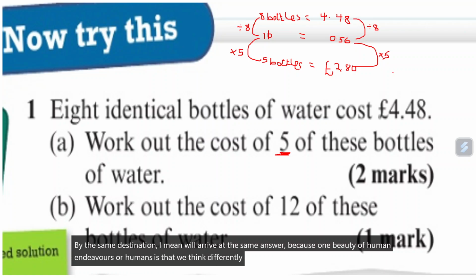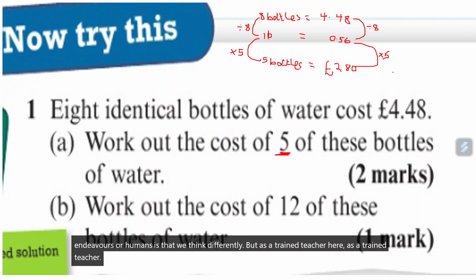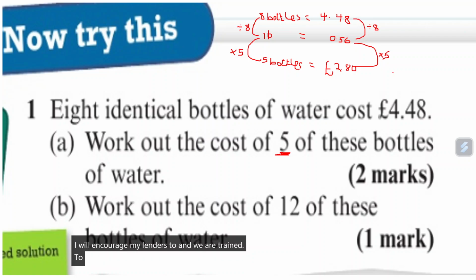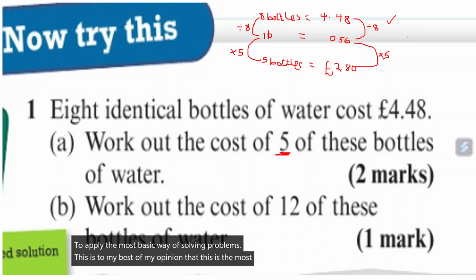But as a trained teacher, I will encourage my learners, and we are trained, to apply the most basic way of solving problems. To the best of my opinion, this is the most basic way to solve those problems.